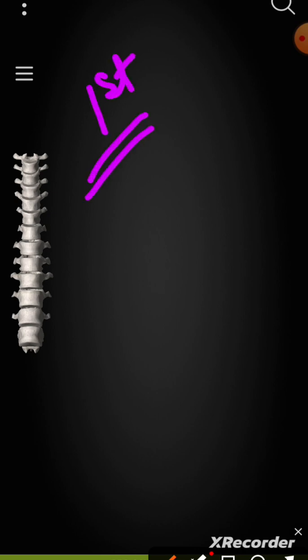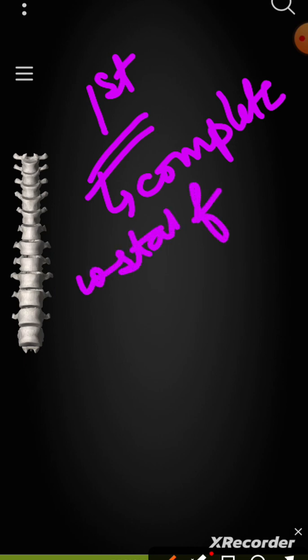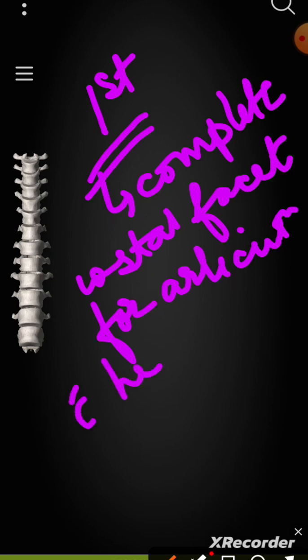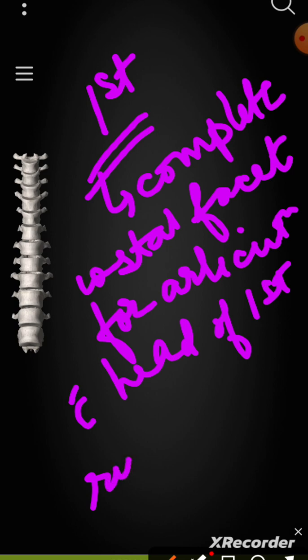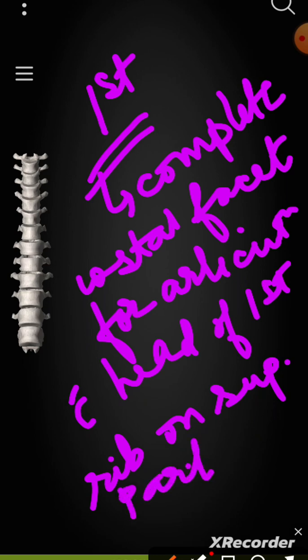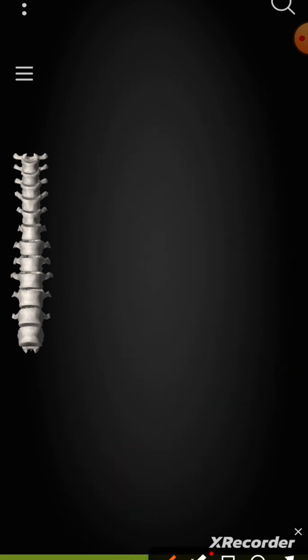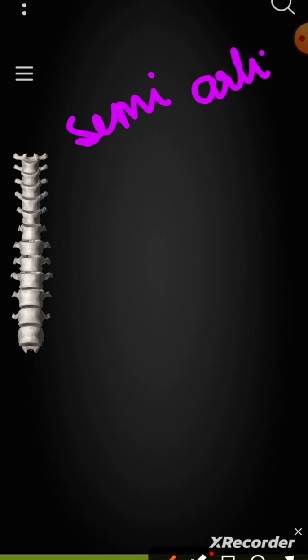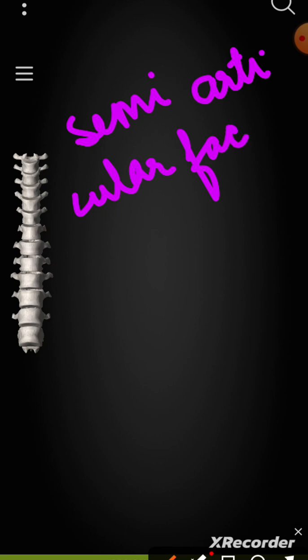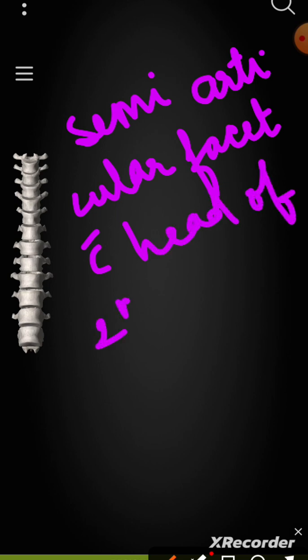The first thoracic vertebra has a complete costal facet for articulation with the head of the first rib on the superior part of the posterolateral surface, and a semi-articular facet with the head of the second rib on the inferior side of the body. Do you get it?